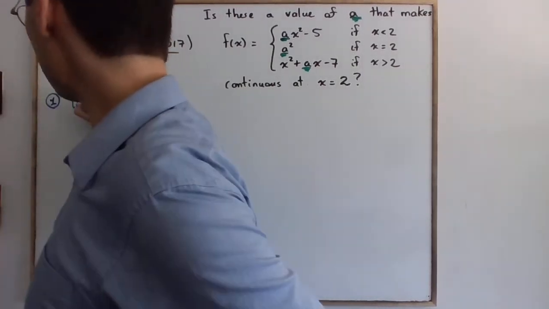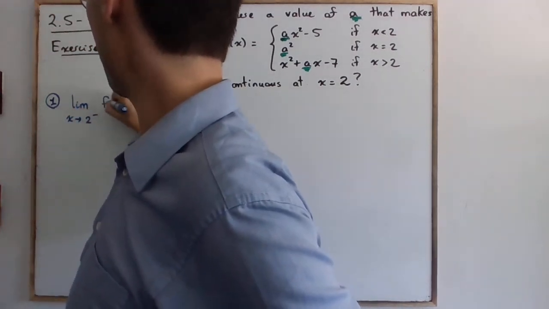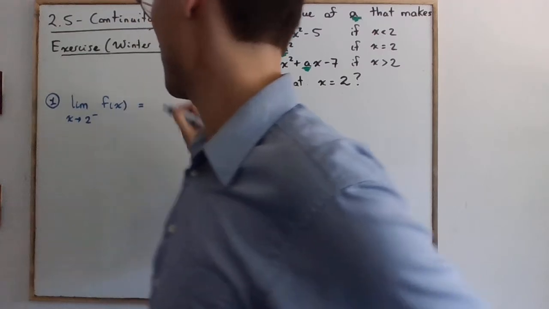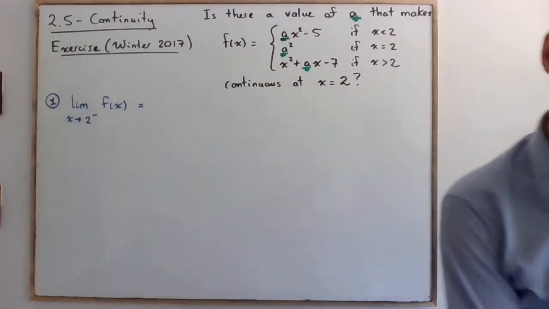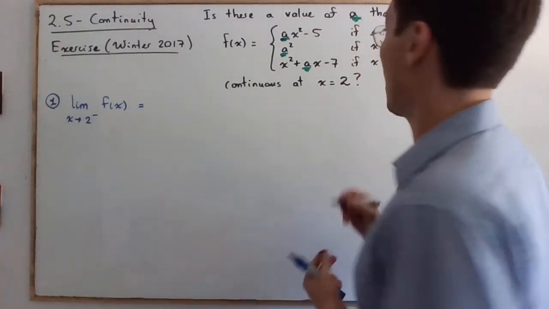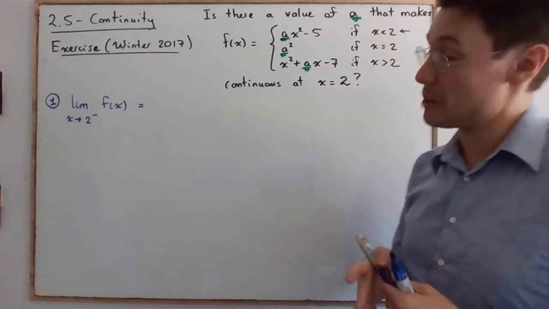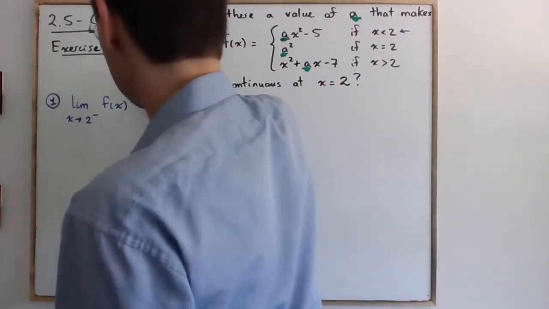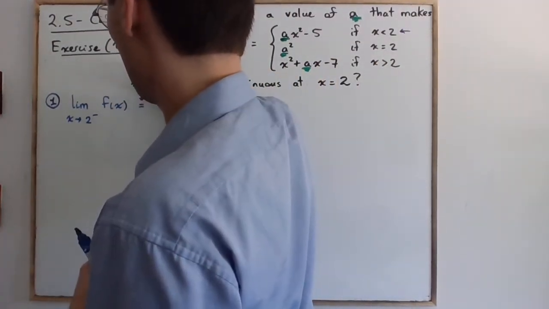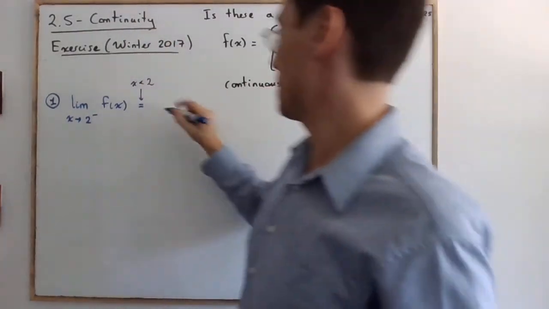So we will compute the limit as x is approaching 2 from below of f of x. Okay? And obviously you remember how you have done this before. From below we mean that x is below 2. And so for that reason we take this formula.